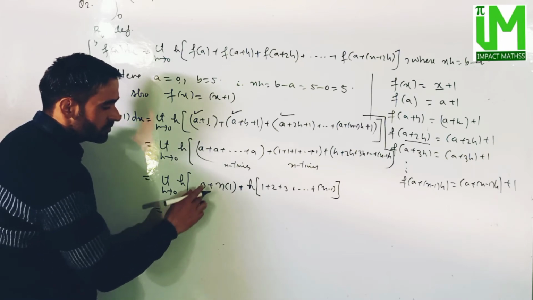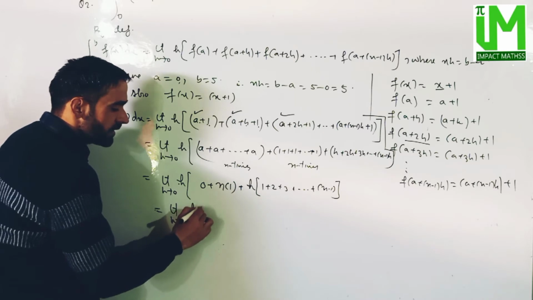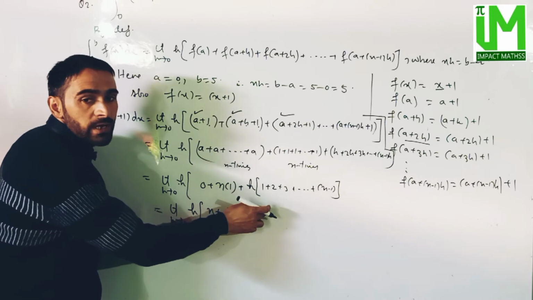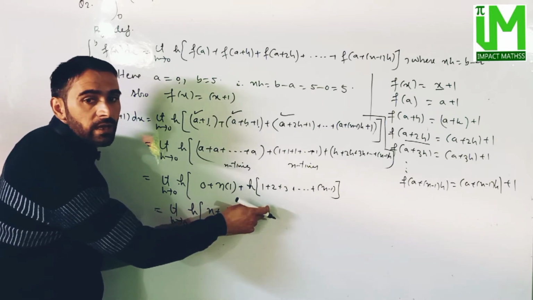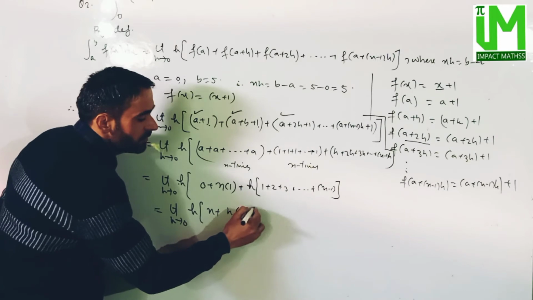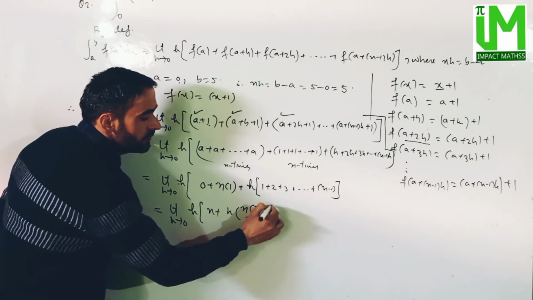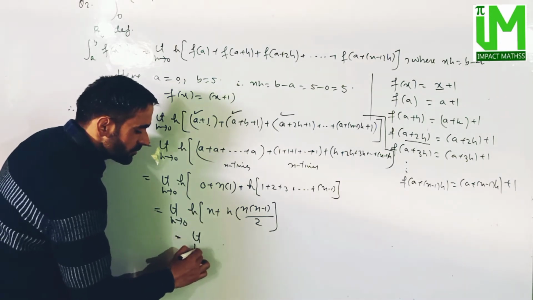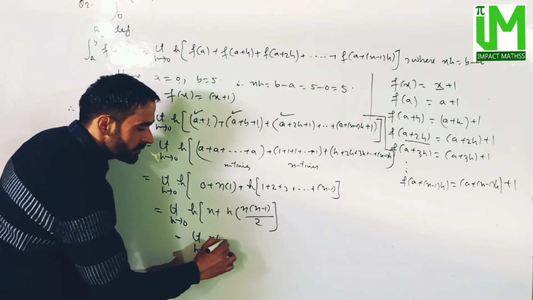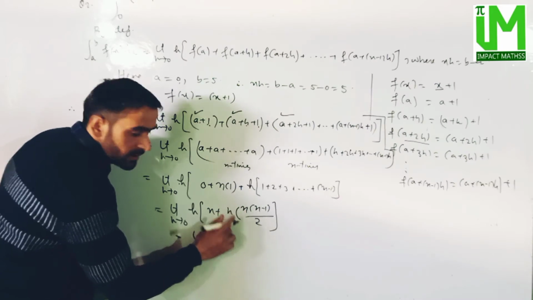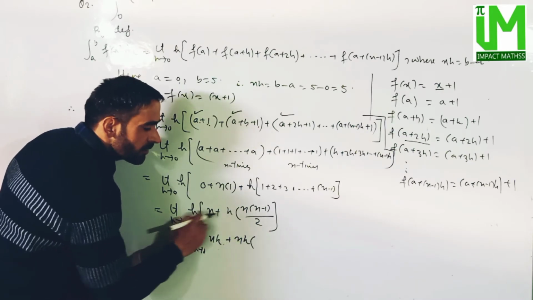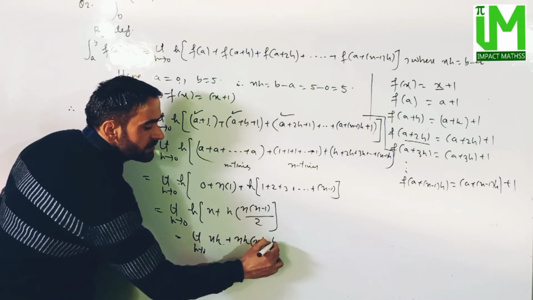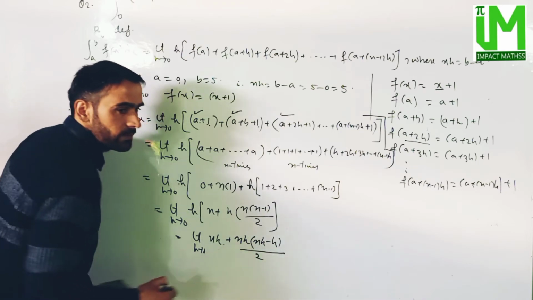So this will be the limit as h tends to 0, h into n plus h into the sum of the first n minus 1 terms. What is that? n into n minus 1 divided by 2. Now multiply h inside, so it will be the limit as h tends to 0, nh plus nh times n minus 1, so it will be nh minus h, divided by 2.